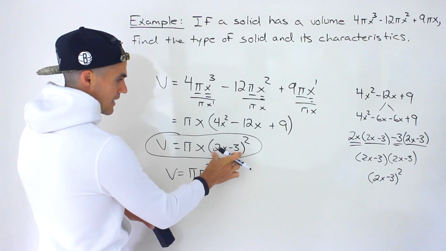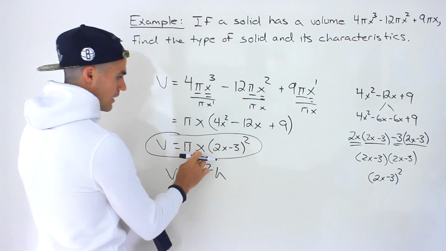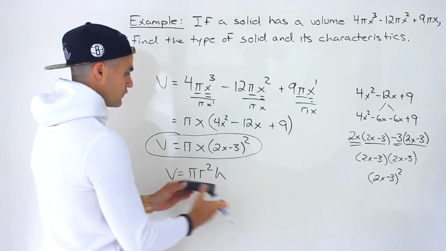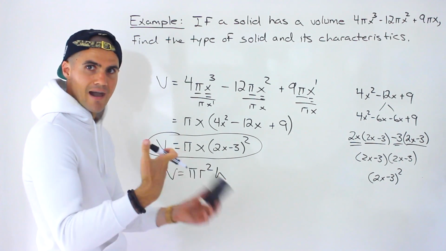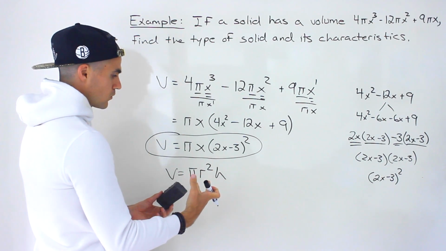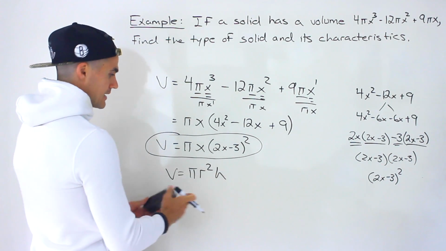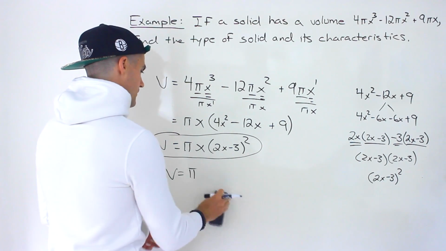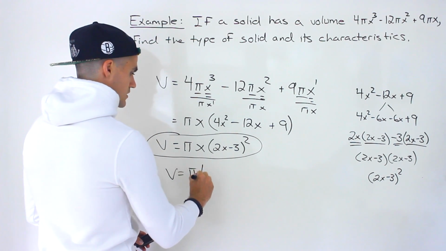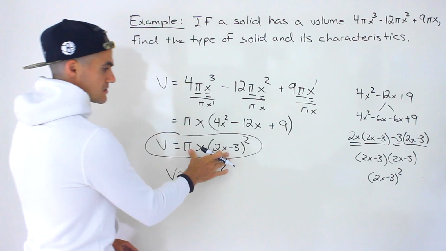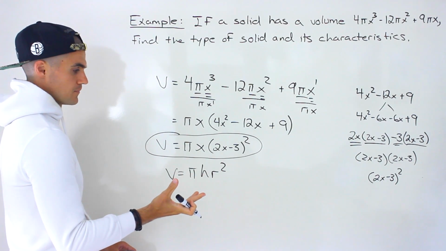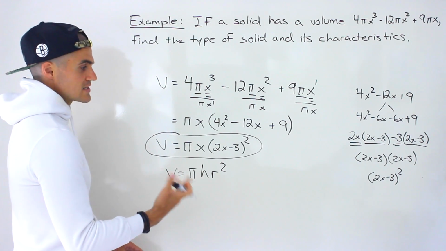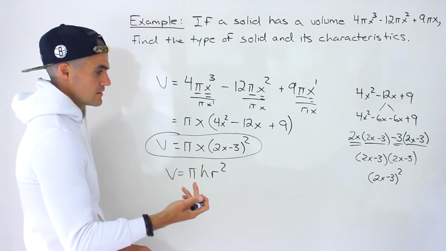In this case, we have r squared over here and then the h over here, so we could flip those. Because we're multiplying, it doesn't matter which order we're going in. Usually it's like this, but we can switch it up in order for it to be in that same format right there. So we're dealing with a cylinder in this case.